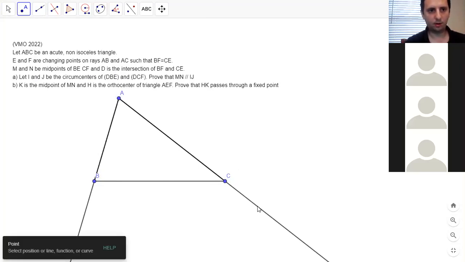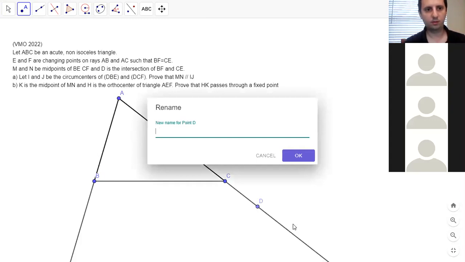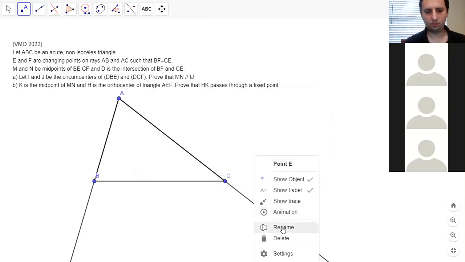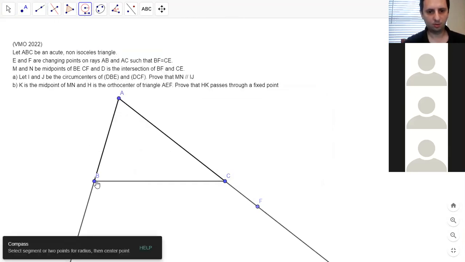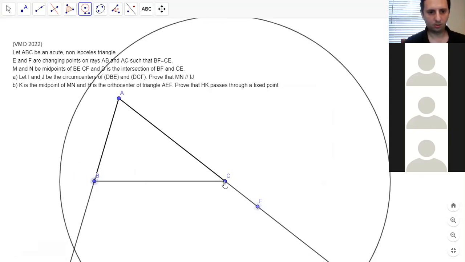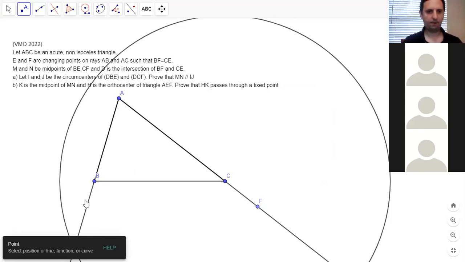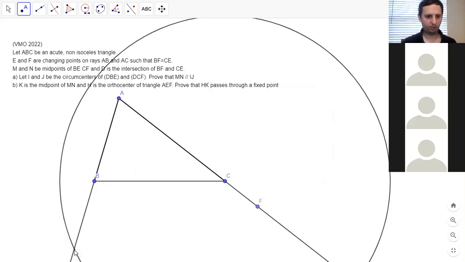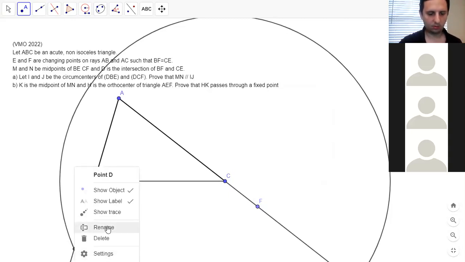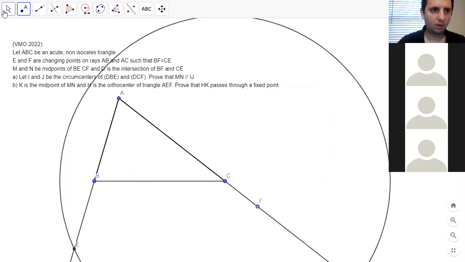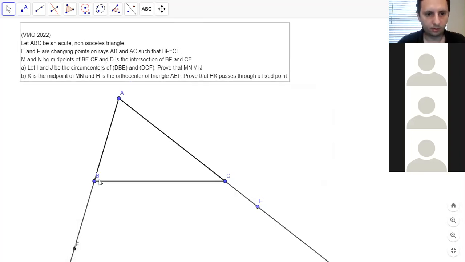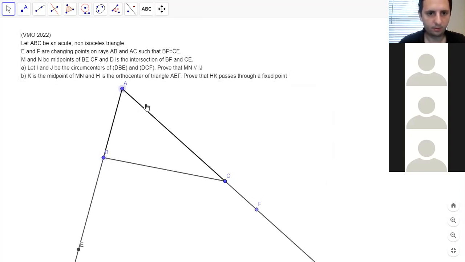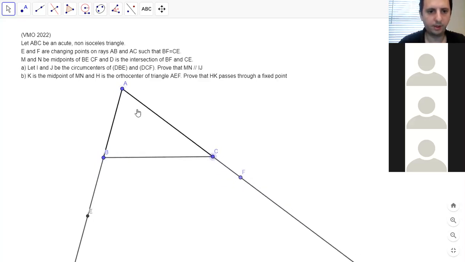So this is BF, and that would be CE. Even still, the diagram's a little messy. Let's see if we can make this better. Okay, so BF is equal to CE.